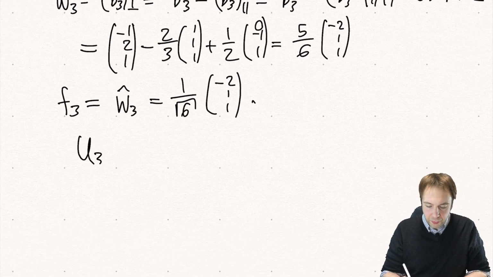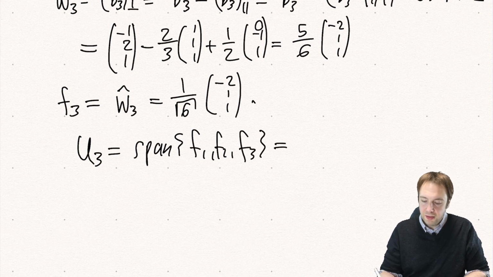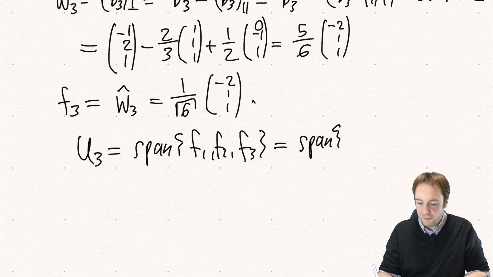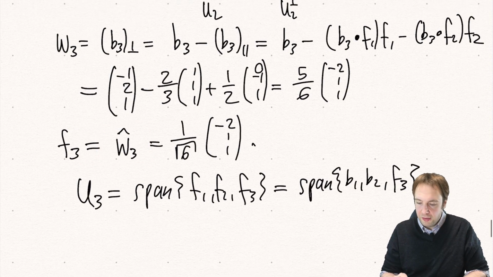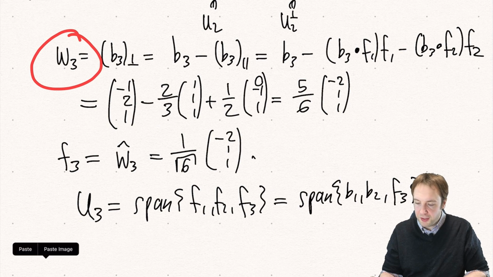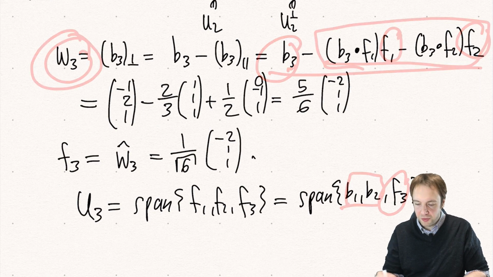And then we define our U3 to be the span of F1, F2, F3. And we already saw that the span of F1 and F2 is the same as the span of B1 and B2. But now F3 is this W3 here, and W3 is a linear combination of B1, B2 and B3. So I can write this F3 as a linear combination of B1, B2 and B3.